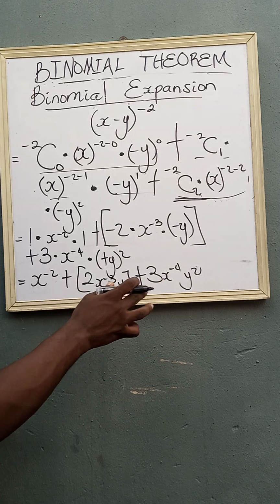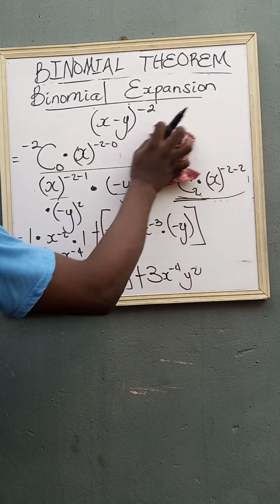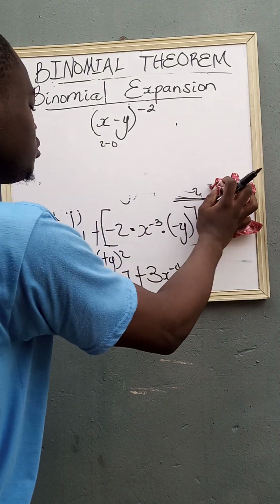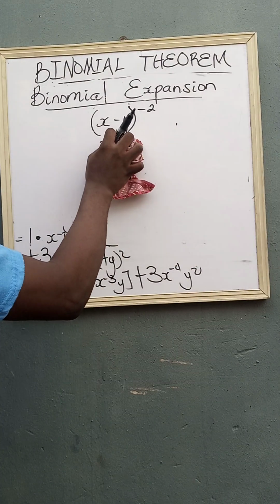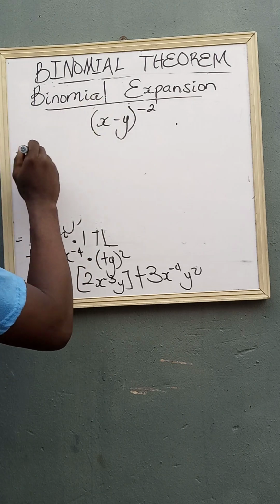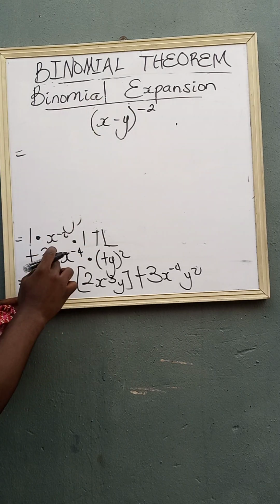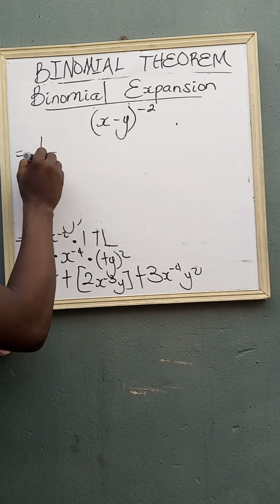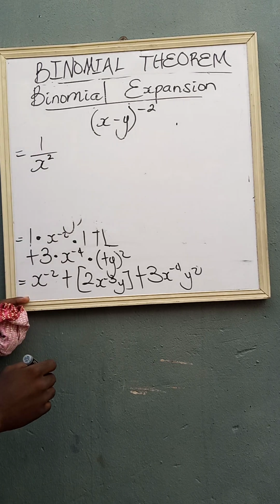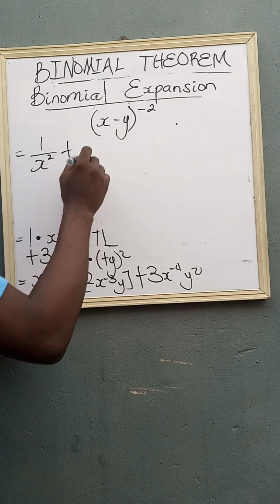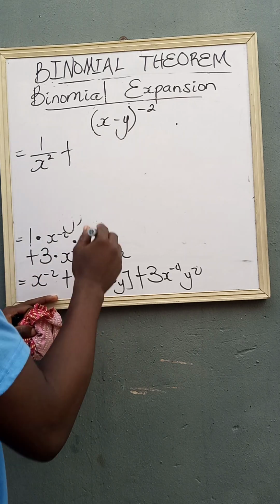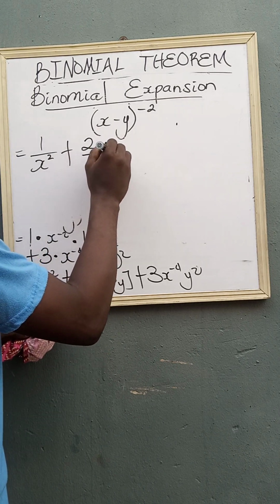Alright, so concluding this as an answer, we can have the expansion to be equal to x raised to the power minus 1. Our knowledge of indices should give us this. Then plus, simplifying this, I should have 2y over x cubed.